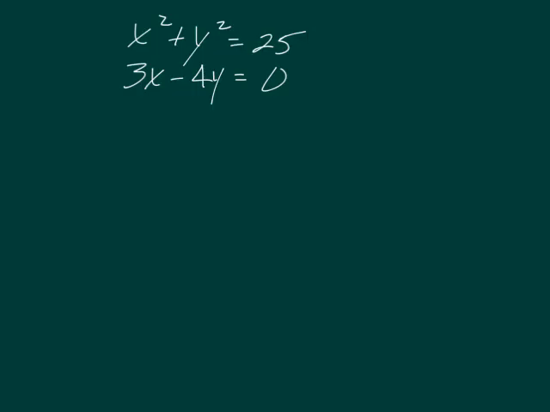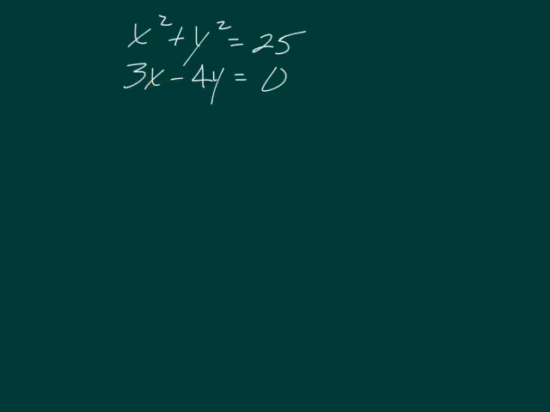Now, one of the tips that I give students is when I have an exponent of a 2 on the y or the x, or both, and I don't have an exponent on the second equation, then I use substitution. You can't do elimination because elimination means we're going to multiply this whole bottom by something in order for this to be an x squared or this to be a y squared.